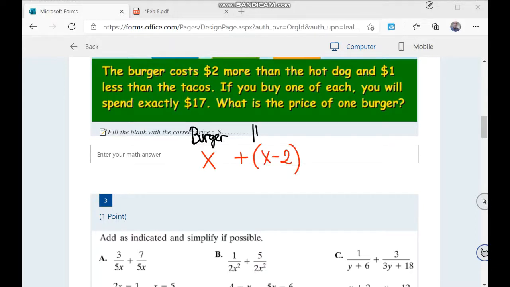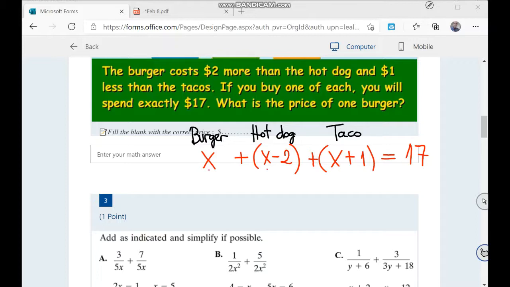And the burger is $1 less than the taco, so the taco costs $1 more than the burger, x plus 1. And the total is 17. If you buy one of each, you're going to spend $17.